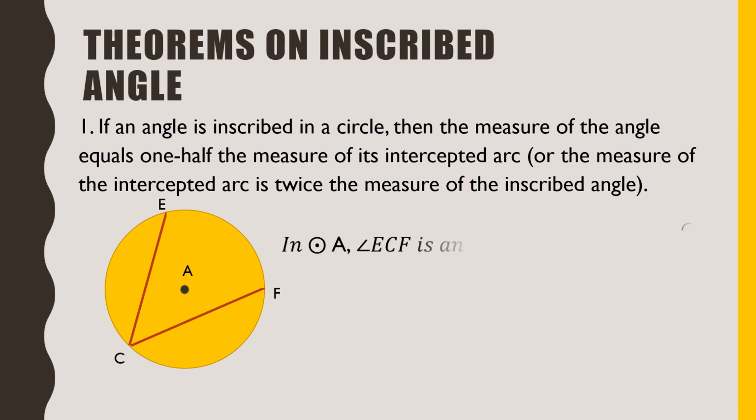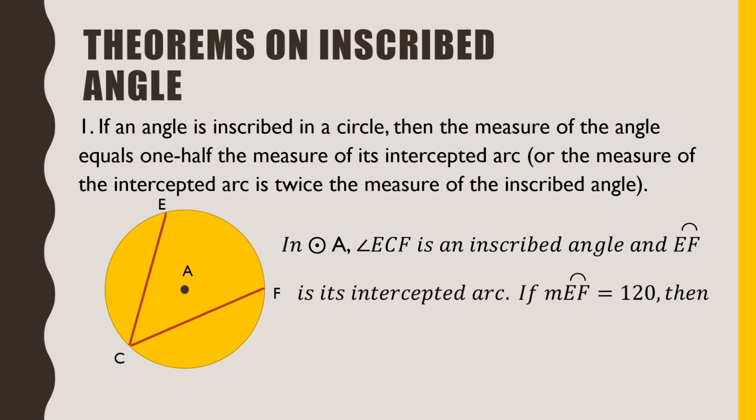Given the figure, in circle A, angle ECF is an inscribed angle and arc EF is its intercepted arc. If the measure of arc EF is 120, then the measure of angle ECF is equal to 60.